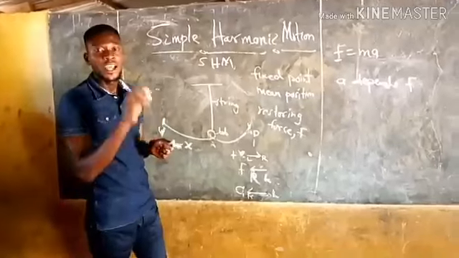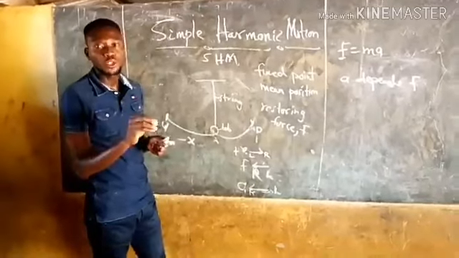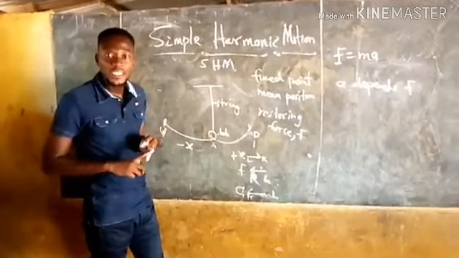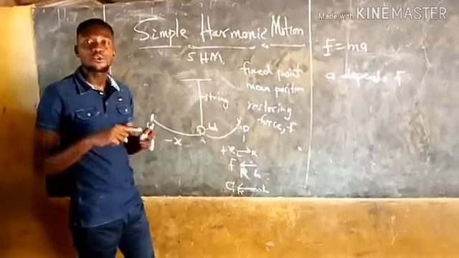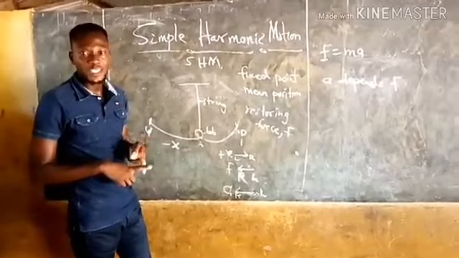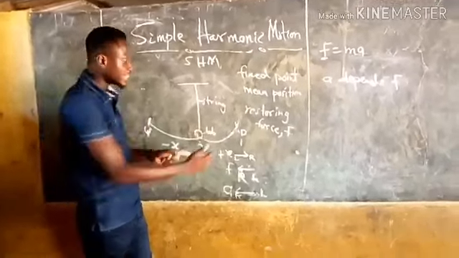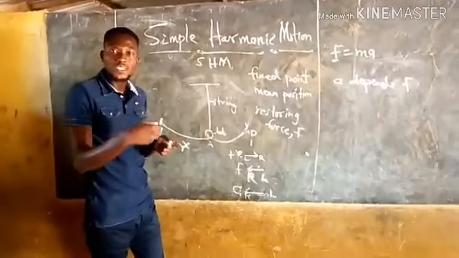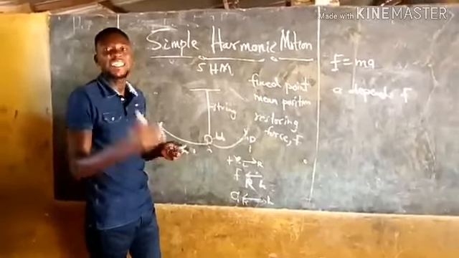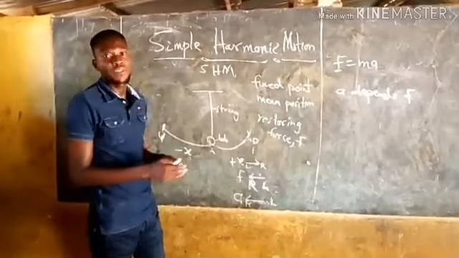I'm repeating: a body is said to undergo simple harmonic motion when its acceleration is directed towards a fixed point and also directly proportional to the displacement. So this is telling us that the greater the displacement covered by the ball, the higher the restoring force to cause it to move back to its mean position, and the greater the acceleration of the body.